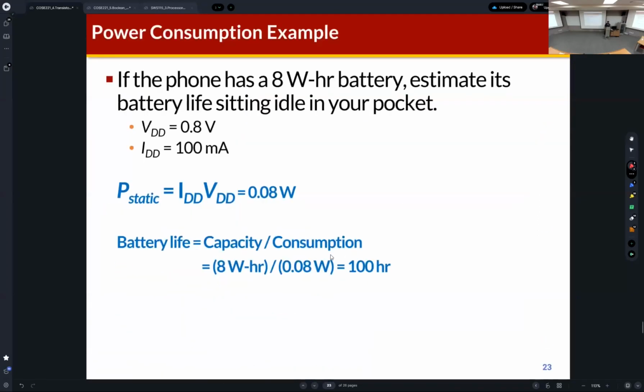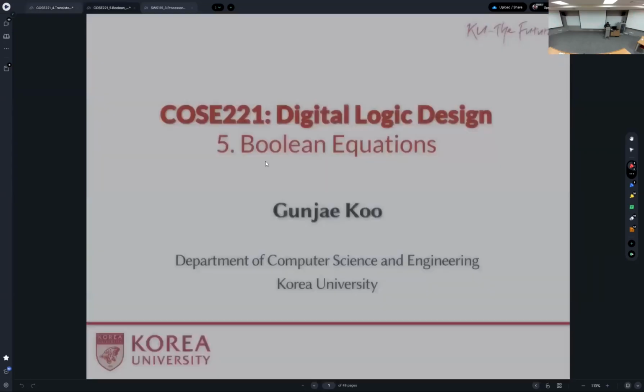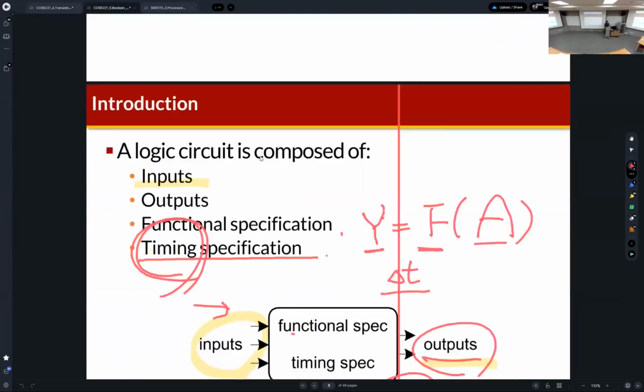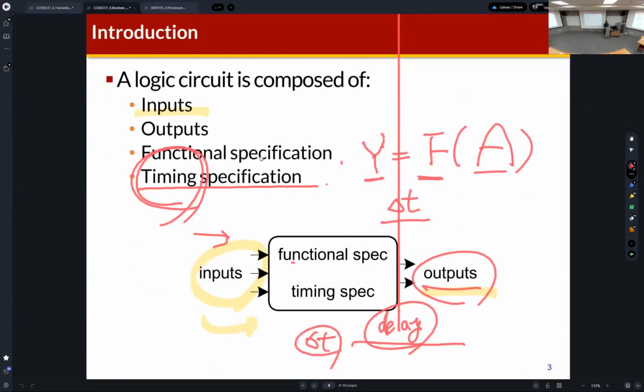This is the example. In the previous class, we learned about the basic combinational circuits. When a combinational circuit is defined, we can define input signals and output signals, and the functional specification, the functional behavior of these digital circuits.